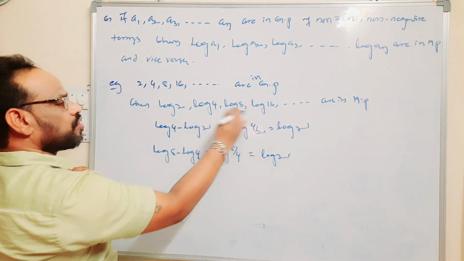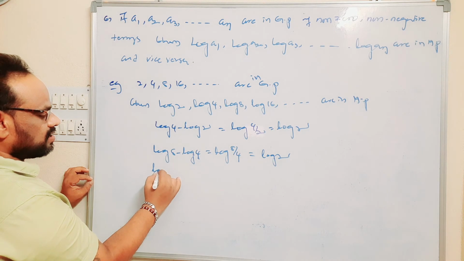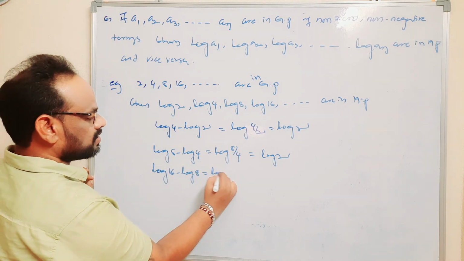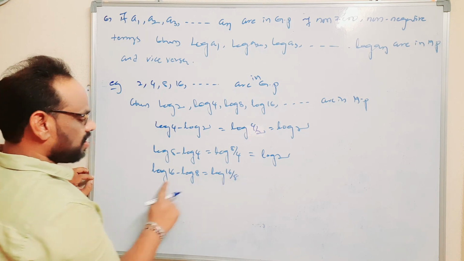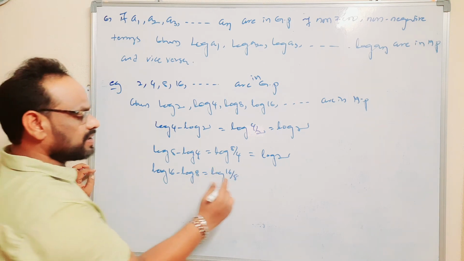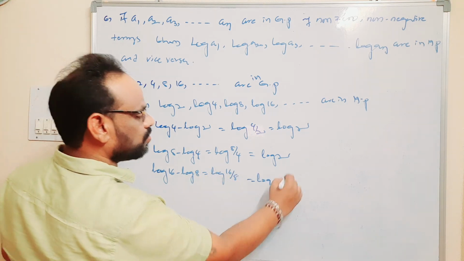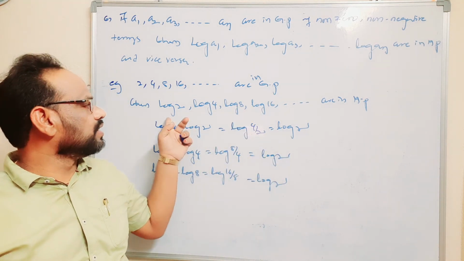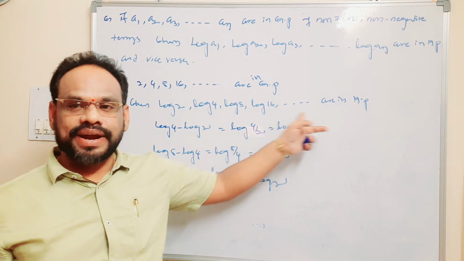Next, T4 minus T3, that is log 16 minus log 8, that is log 16 by 8, which equals log 2. Here the common difference is log 2, the same every time. So it is in arithmetic progression.